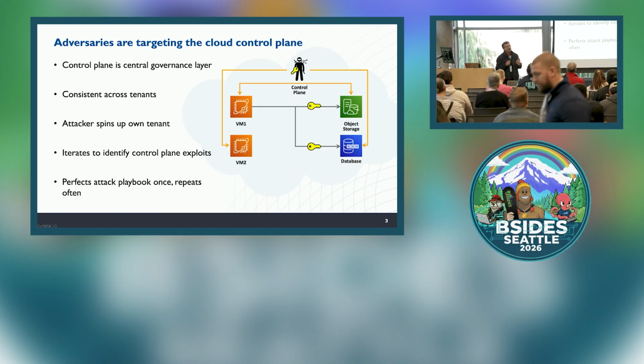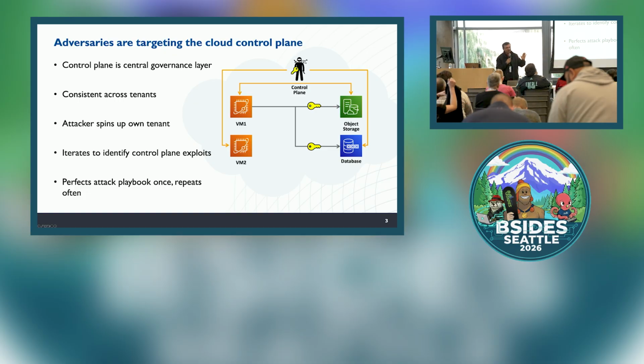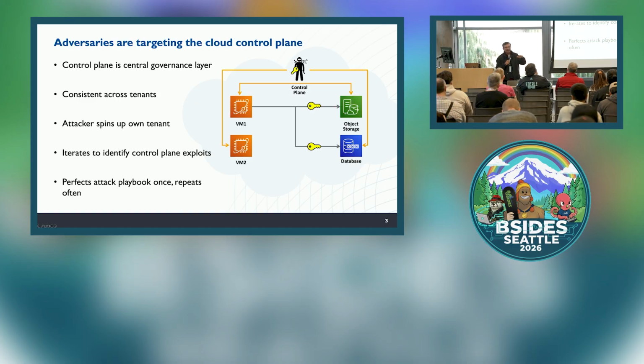So what the threat actor can do is create their own tenant in the cloud. In that tenant, they can disable all security controls, so effectively there is no monitoring going on. Then they can take their time and perfect an attacker playbook that goes after the primitives exposed by the control plane. Once they know that these exploit techniques will work against the control plane, they can repeat that against every other tenant, the actual organization that they are going after.